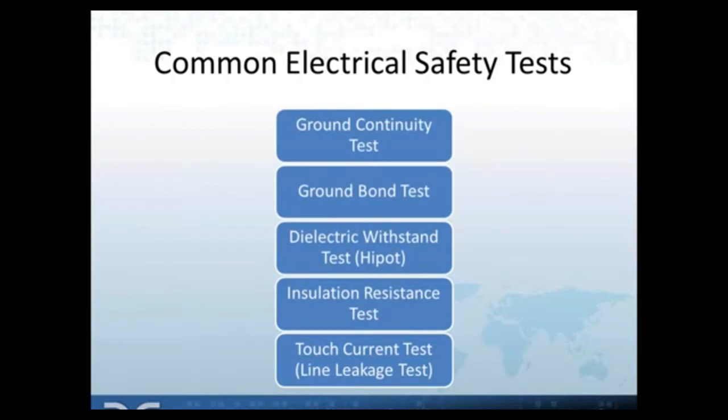A Class 1 product is terminated in a three-pronged line cord, specifically consisting of a hot and a neutral input and an earth-ground connection to the chassis. Whereas, if you recall, Class 2 products, also known as double insulated products, have no earth-ground connection to the chassis, since the chassis itself is usually made of some insulating material such as plastic.